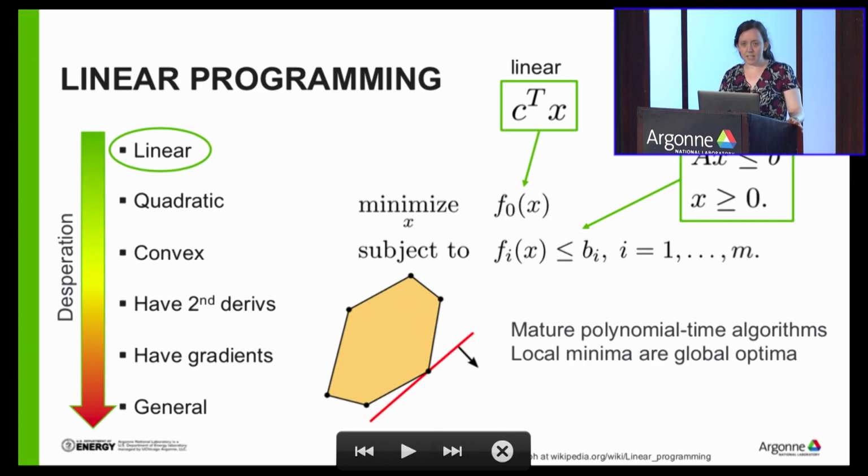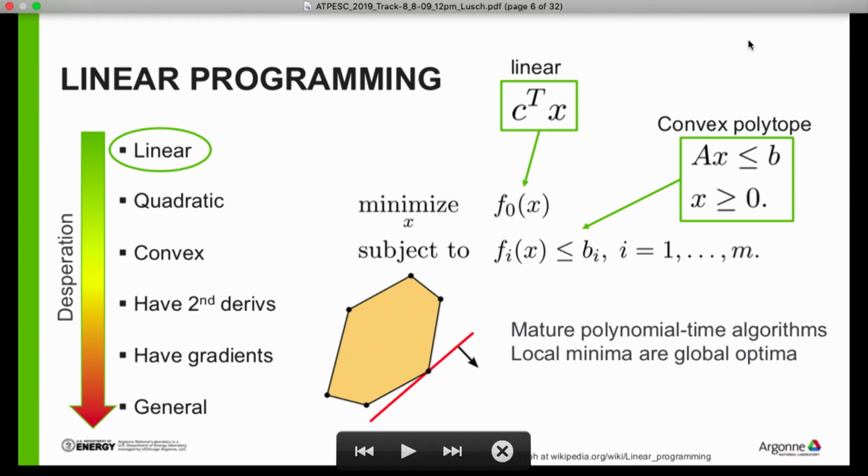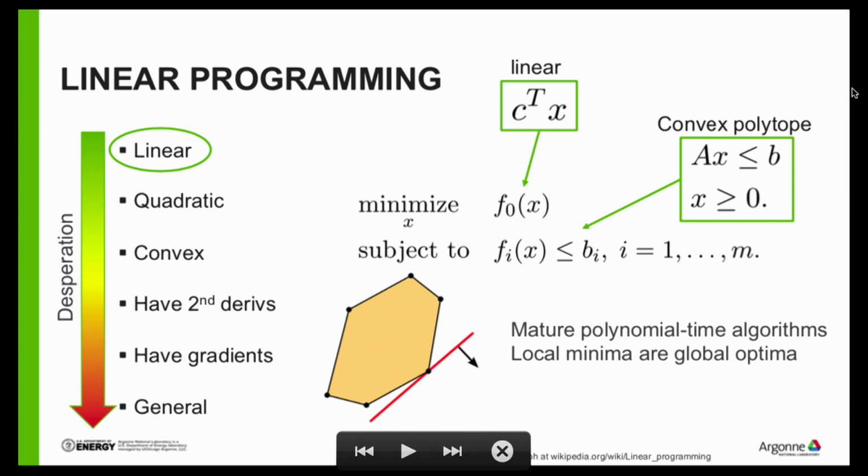So the first example would be a linear optimization problem, and for historical reasons, this is often called linear programming. So you're optimizing a linear function, and you have linear constraints. You may have seen the phrase convex polytope, and I have an example drawn here in yellow. So you have a region constrained by lines here, or more generally hyperplanes.